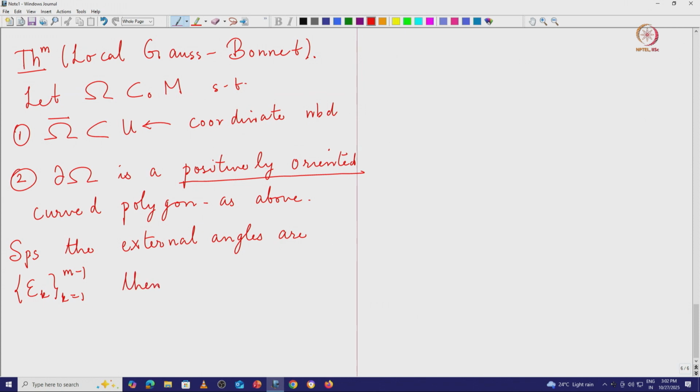Then we have the following formula: if you sum up the external angles, then in the plane that would amount to being 2 pi, but here there are some correction factors that come from integrating the normal curvature on the boundary plus integrating the total Gauss curvature inside omega.